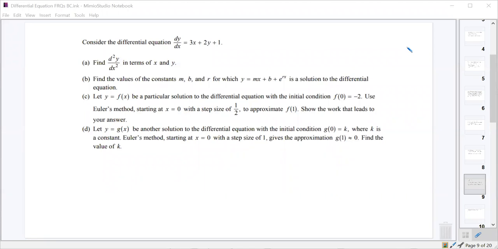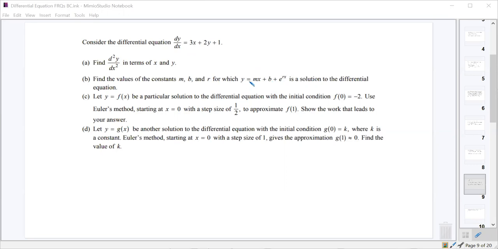So what we will do to start with is just say that the value of our derivative, 3x plus 2y plus 1, should also be equal to the derivative of this.